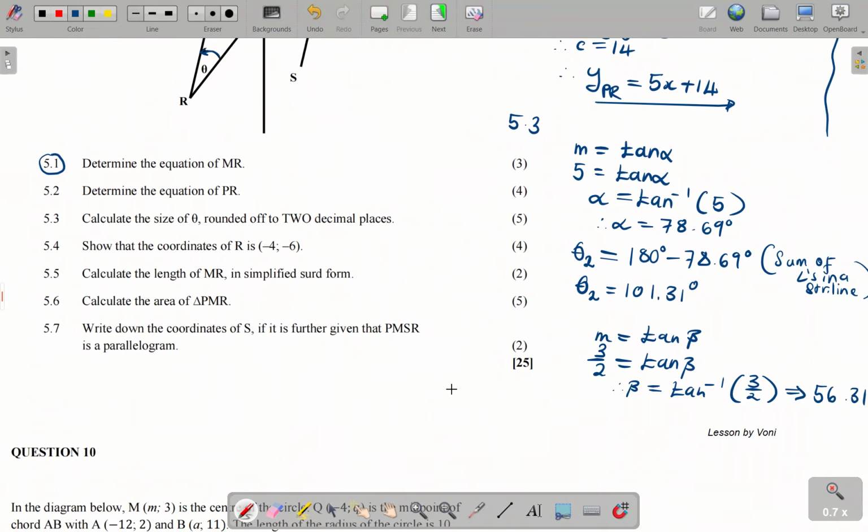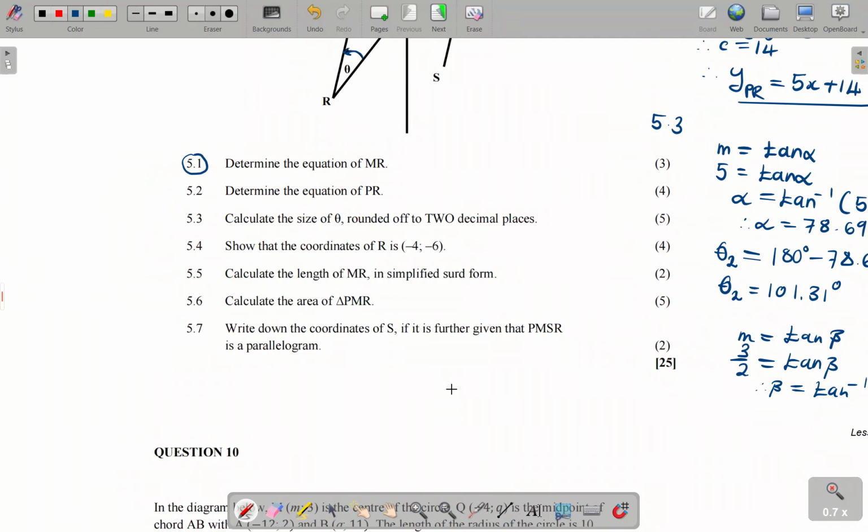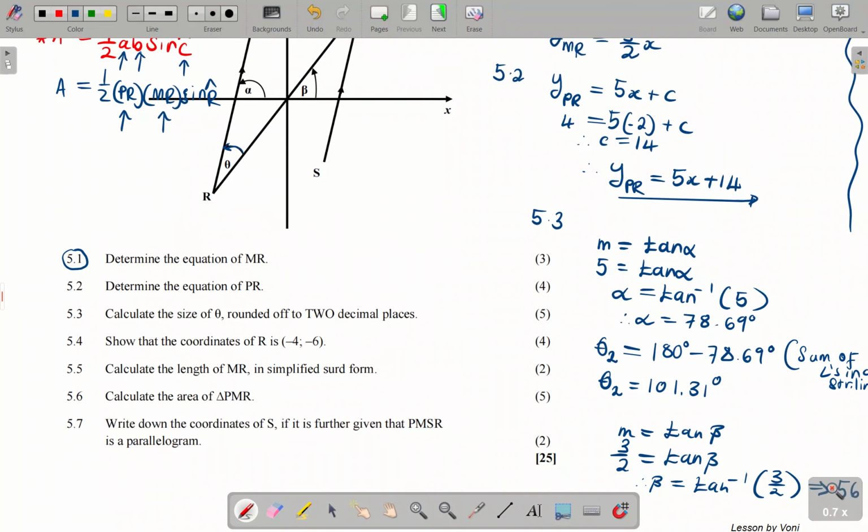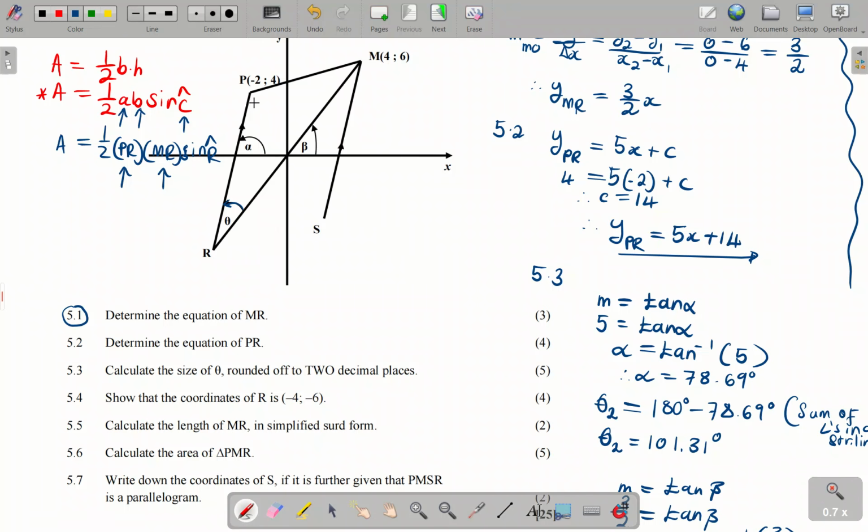Now I'm just going to write it here. They say that we have to write down the coordinate of S, if it is further given that PMRS is a parallelogram.